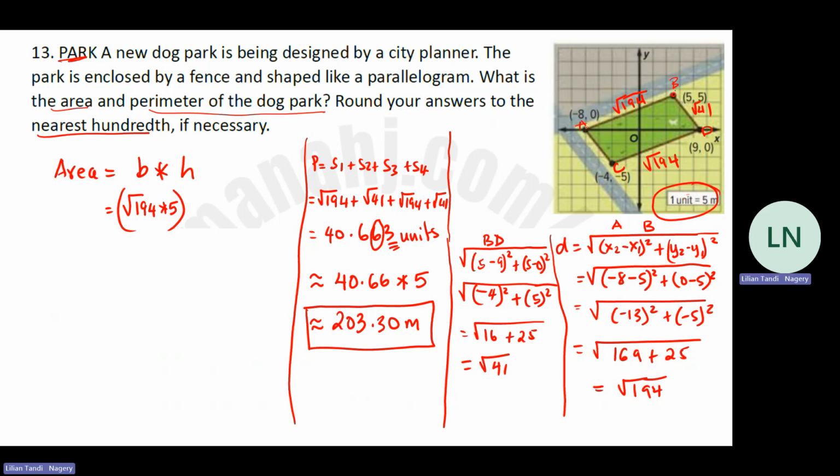I need to find the height of this. So can I go here? So I know that this is square root 41, and here is 2 boxes. So I want to find this here to get the height.